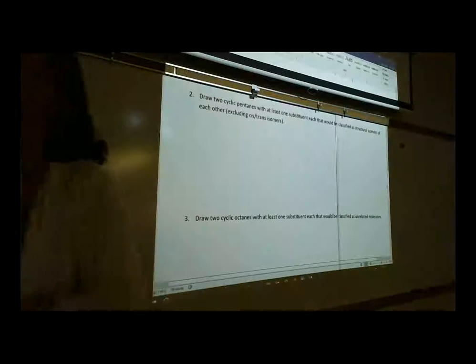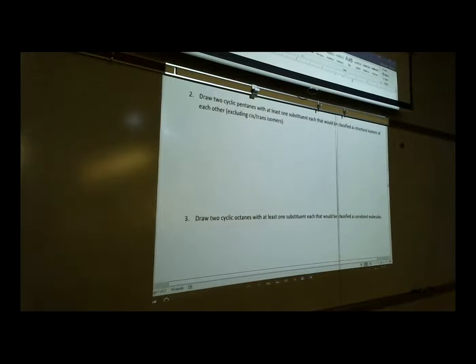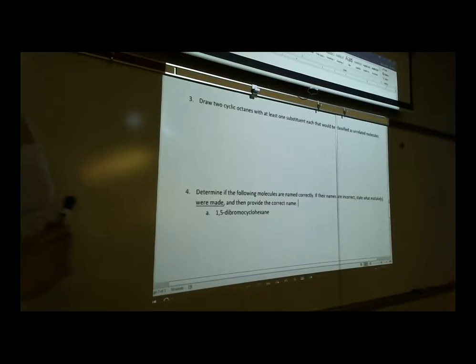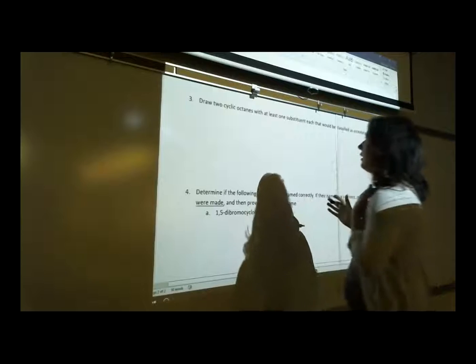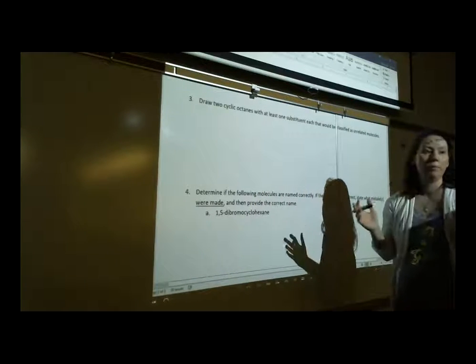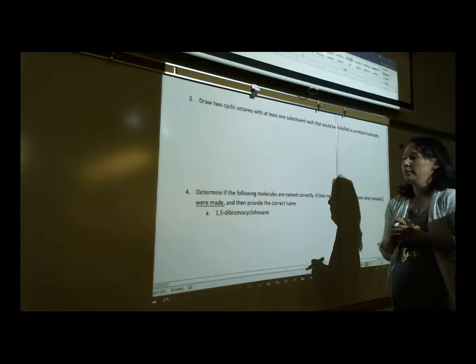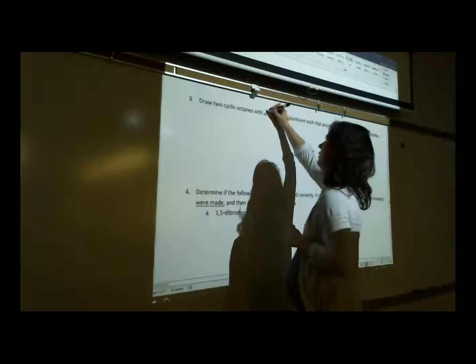All right, let's look at the next pair. Two cyclic octanes with at least one substituent each, that would be classified as unrelated. For them to be classified as unrelated, what must be the case? They have to have different formulas.